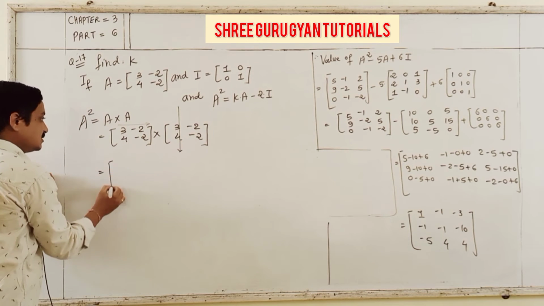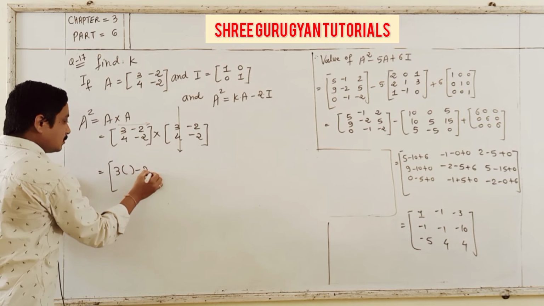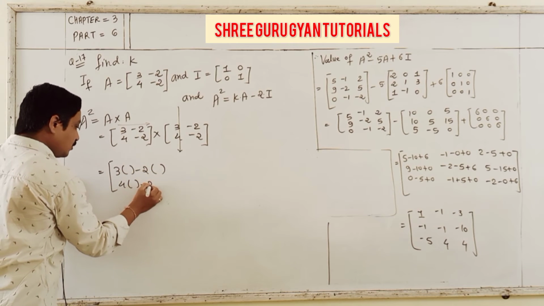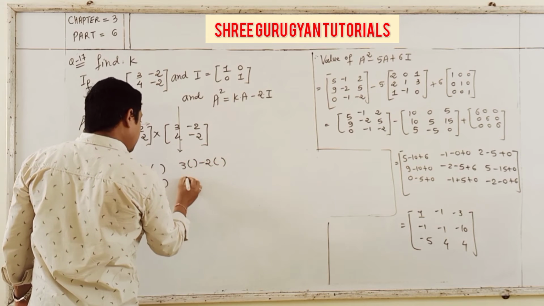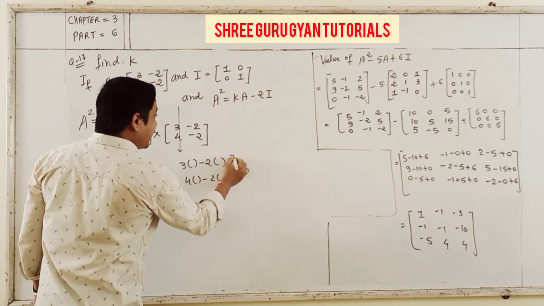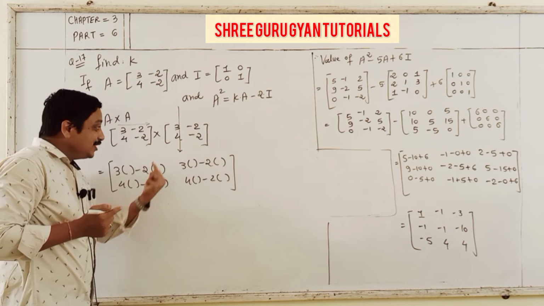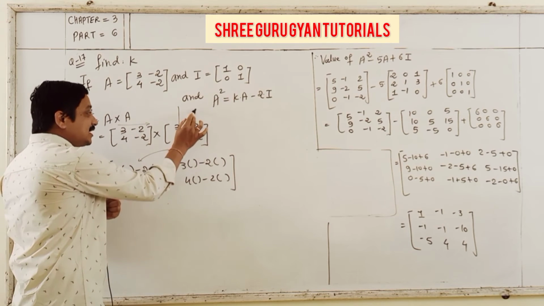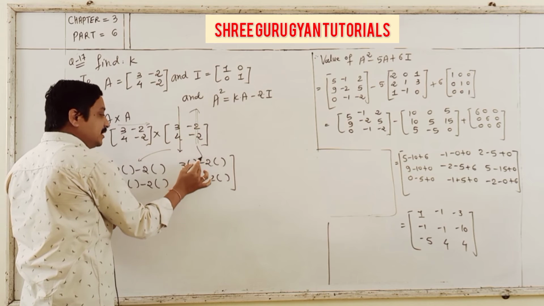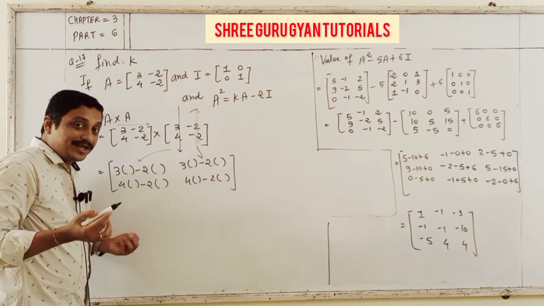So my answer is 3 minus 2, 4 with minus 2. A similar process I write down 2 times because I have 2 columns. This first column is submitting this value, and students, this second column's elements are submitting this one to get the square.